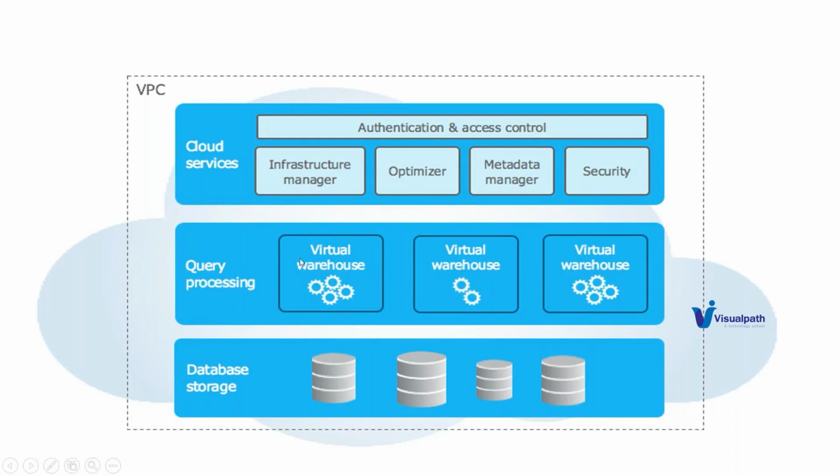Whatever compute resources are available with the development team will not be shared with the testing or support team, and vice versa. So the query processing layer acts as a shared nothing architecture. That's the reason Snowflake is a hybrid of shared disk and shared nothing architecture. So any doubts here?